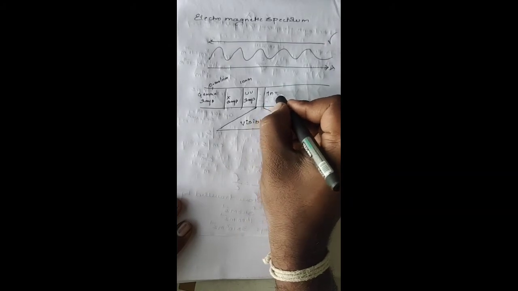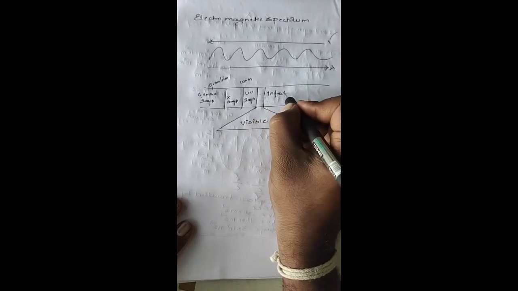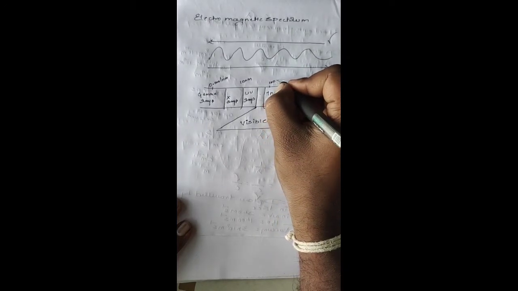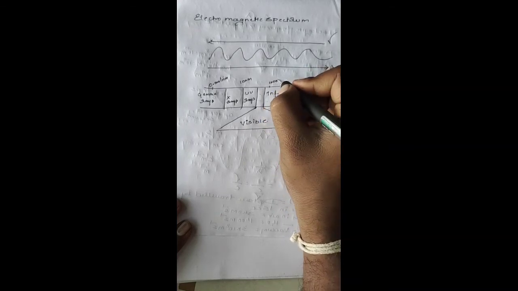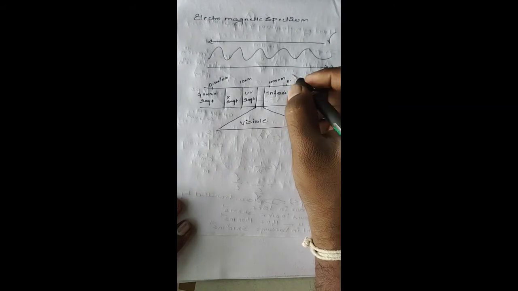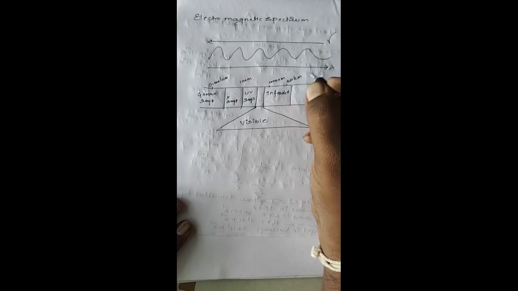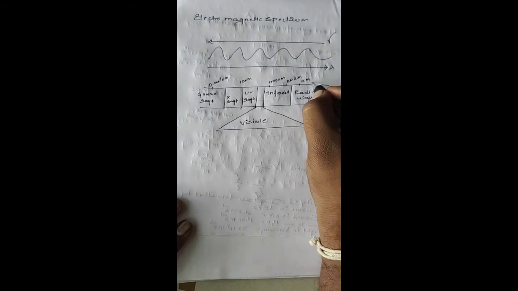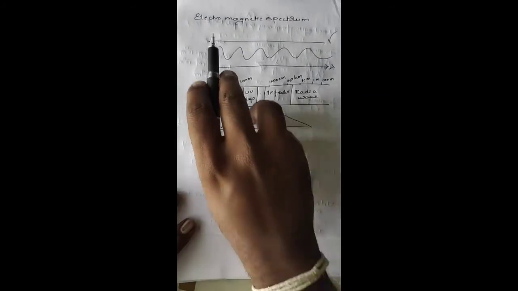Next is infrared, it is 1000 nanometers to 0.01 centimeters. Another one is 1 centimeter. Next one is radio waves, 1 meter to 100 meters.